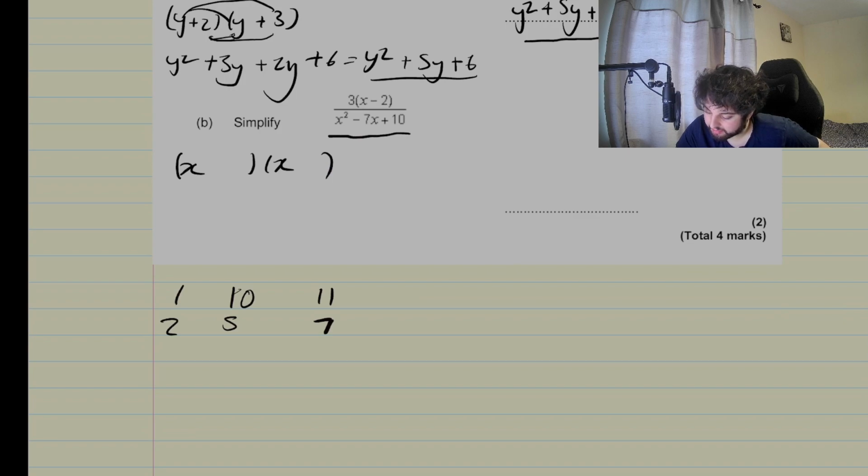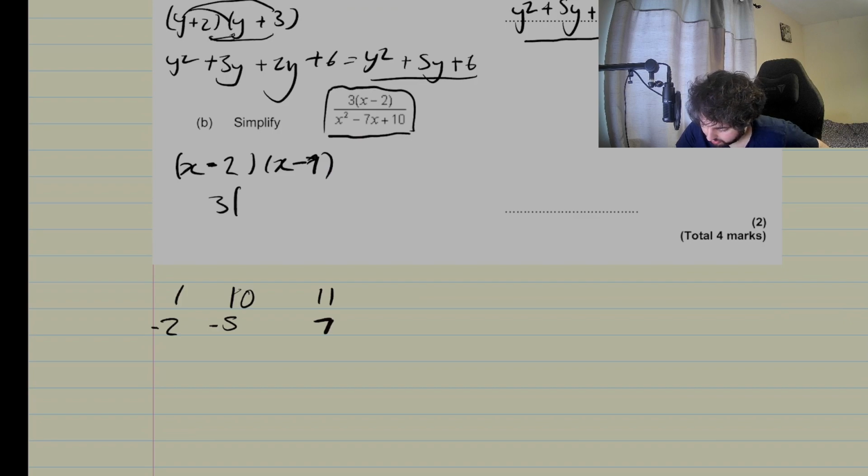So that must mean that when you have minus 2 and minus 5, you can get a minus 7 as well. So that means in these brackets is an x minus 2 and an x minus 5. All right? So we're going to rewrite this whole statement right here in the question.